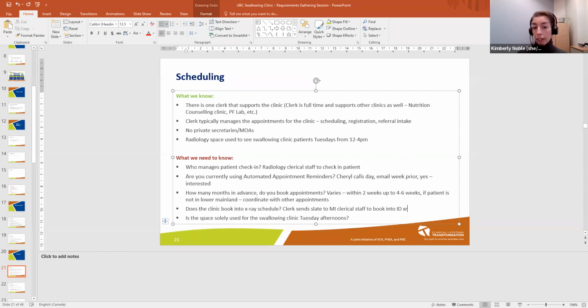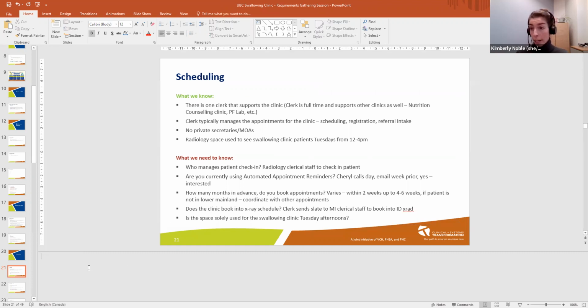And then very limited capacity to provide follow-up beyond that. So it might include a phone check-in from the SLP or from other team members, but there's no capacity to provide ongoing treatment.